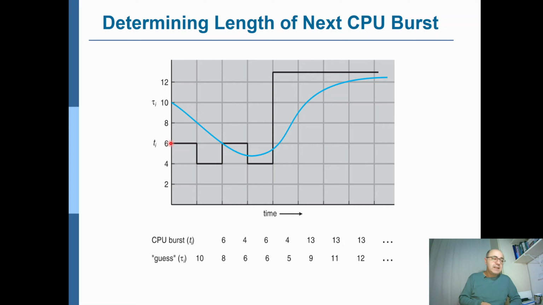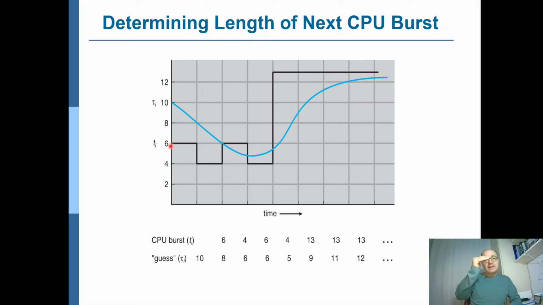Let's say I know that on the average, the processes in my system have a burst length of 10 milliseconds. So I estimate 10, but the reality happens to be 6. The reality is lower than my expectation.